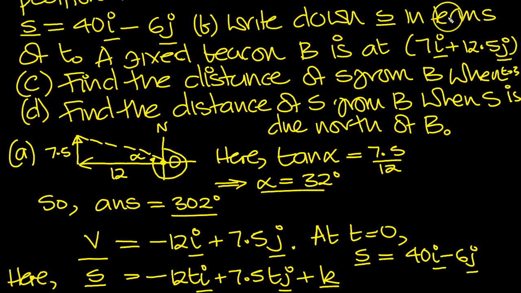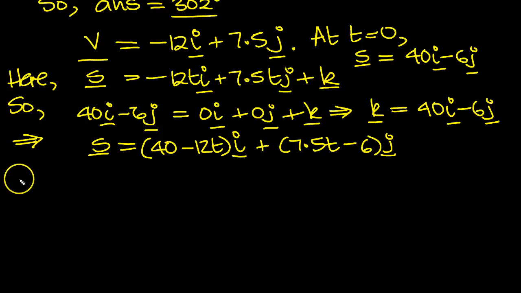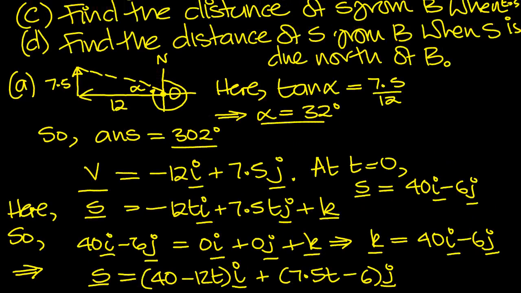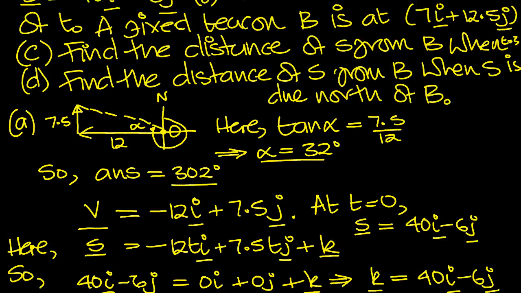Okay, write down s in terms of t, which we've done. A fixed beacon B is at this position. Find the distance of s from B when t is 3. So B at 7i plus 12.5j. Just going to go back up and double check that. There it is there, 7i plus 12.5j.